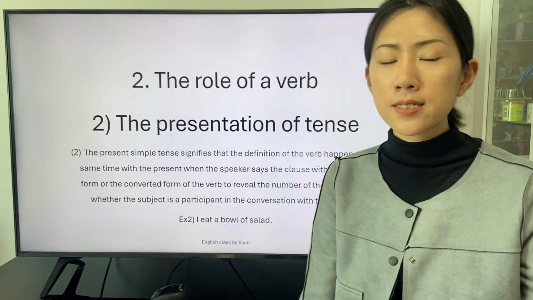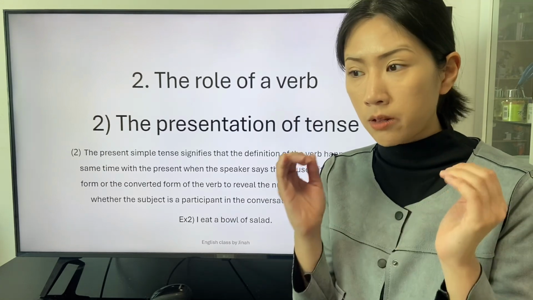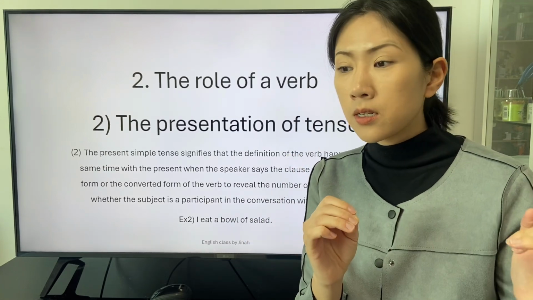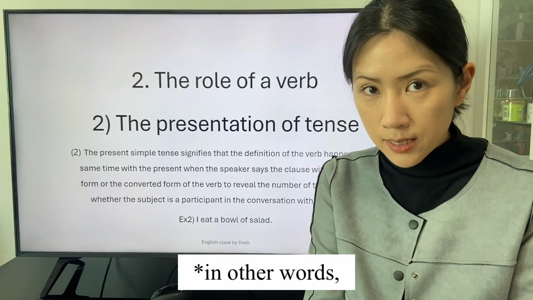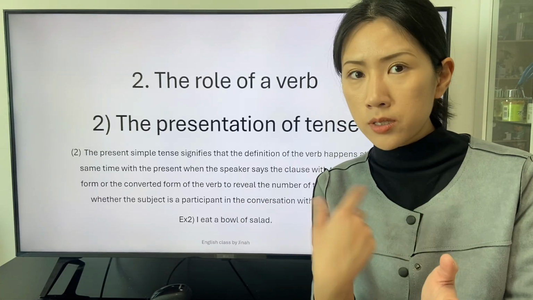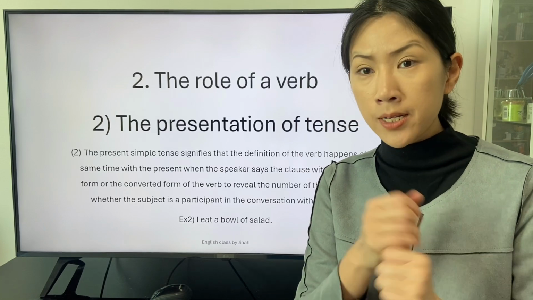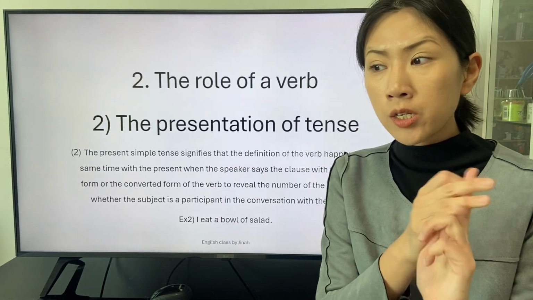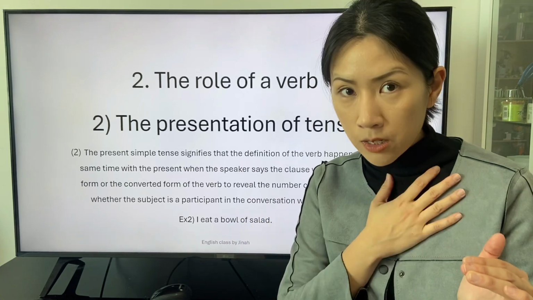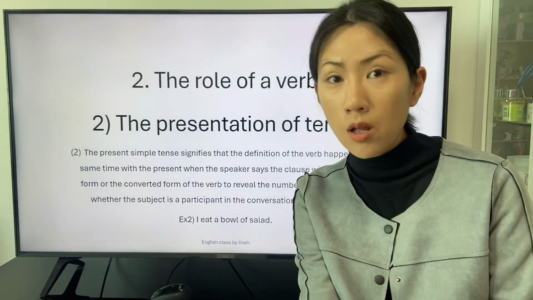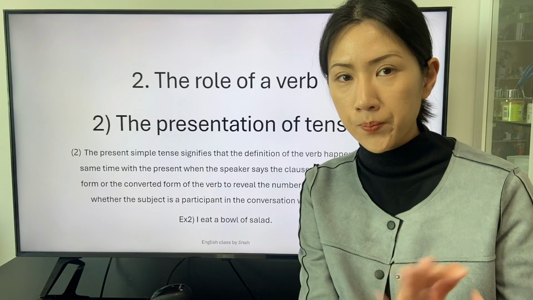The present simple tense is applied in a clause where the speaker describes the present, a concurrent experience, condition, or action, at the point in time when the speaker says the clause.